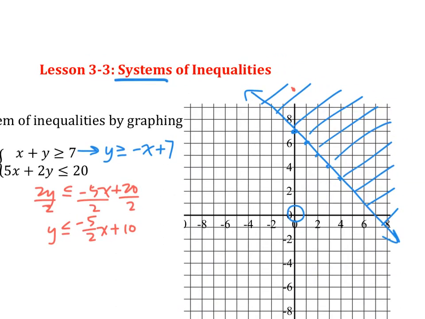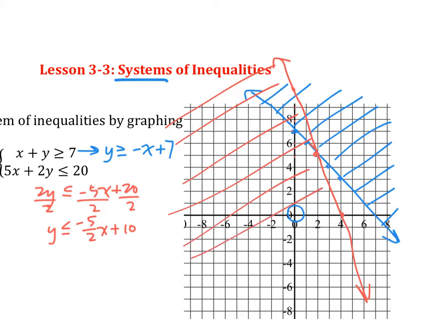Down 5, 1, 2, 3, 4, 5, over 2. And then down 5 over 2 here. Okay, notice how this is also a solid line because of the equal to. And then this one's less than, so when we divide this region in half, we're going to shade the less than, or the bottom one.